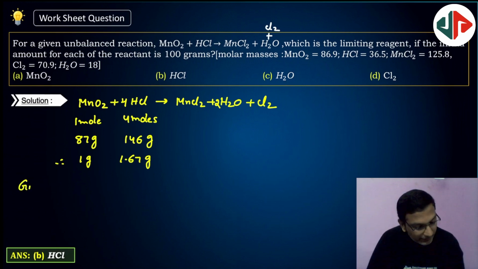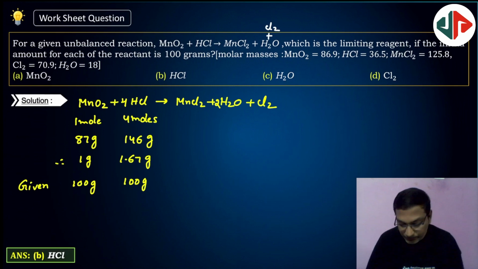But given 100 grams of MnO2 and 100 grams of HCl, basing on this we can decide which is the limiting reagent. For 1 gram of MnO2, 1.67 grams of HCl is required. For 100 grams, 167 is required.